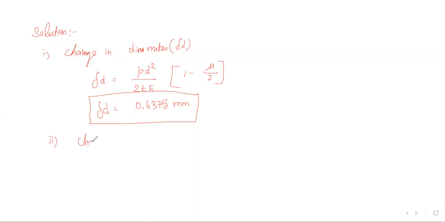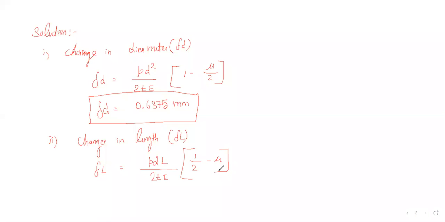Next, change in length del L. So del L is nothing but p D L divided by 2 t E into (half minus mu). Okay, so I'm going to substitute these values.